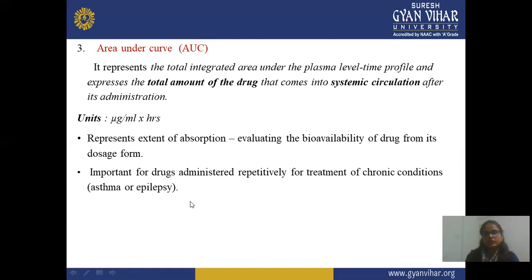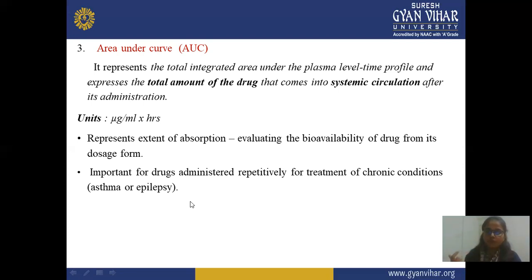Means AUC is the integral or total area of the curve, forming the peak that is required to form the maximum effect from the Tmax time. That peak formation of the plasma level is known as the time profile, and expresses the total amount of the drug. Means how much total amount of drug you take that comes into systemic circulation after administration.